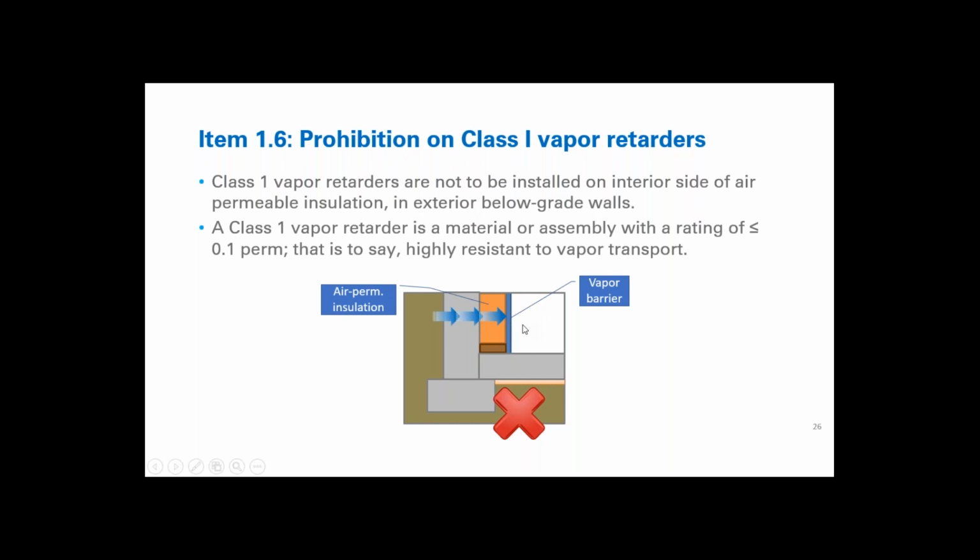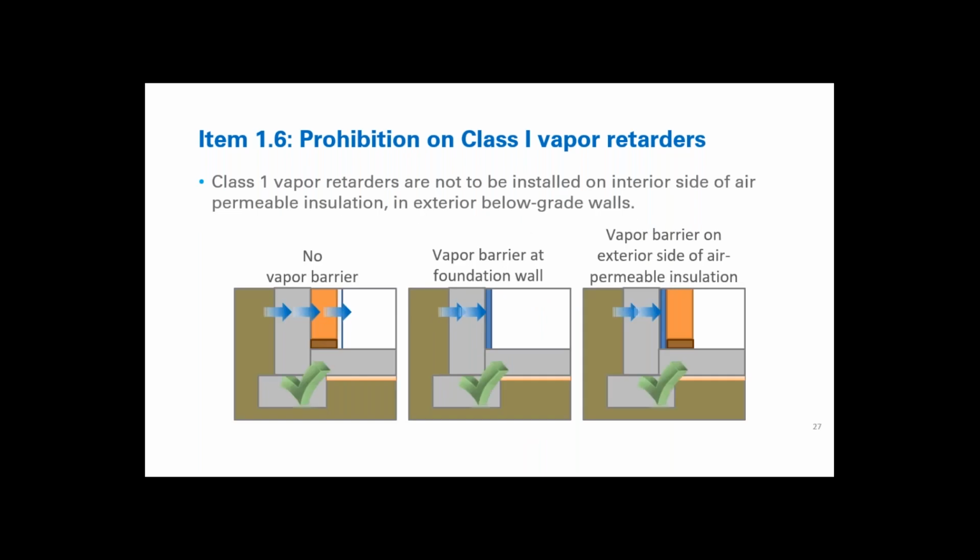It's just going to be trapped in that wood assembly, and the wood's never going to have a chance to dry, and it will be stuck there forever. And when wood just stays wet forever, it rots. So that's why it's a problem. That's why it's not allowed, and essentially what we're trying to avoid. So let's talk about some ways that we can avoid it, and we can do this the right way.